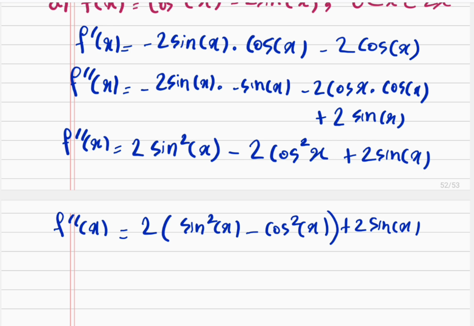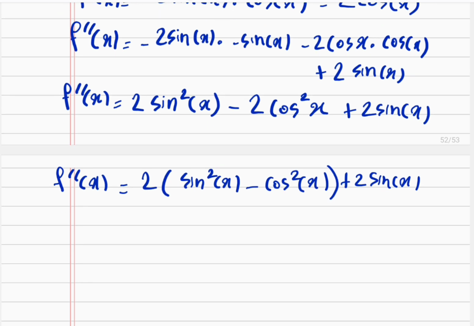For example, all of them should be sine or cos, so that we can solve the equation easily. The best way here is writing cos squared x using the identity. Just to remind you, sine squared x plus cos squared x is 1.